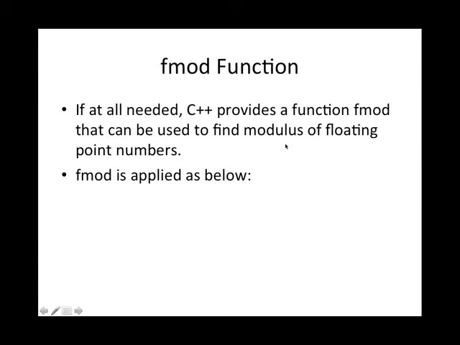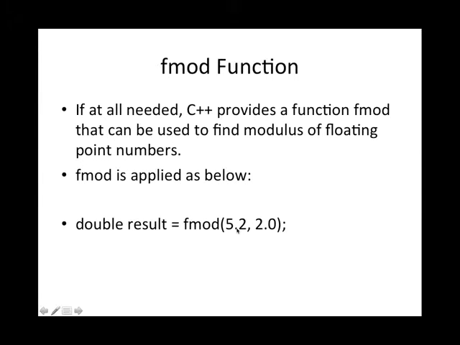And fmod is applied as follows. First of all, of course, you have to include cmath. But after that, you can do something like this. The double result equal to fmod 5.2, 2.0. That means this is the numerator, this is the denominator.